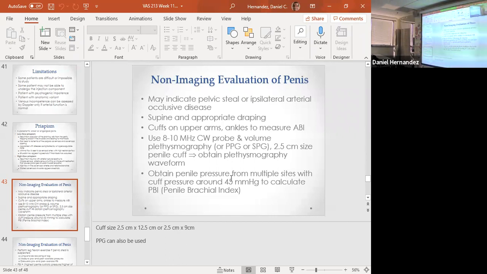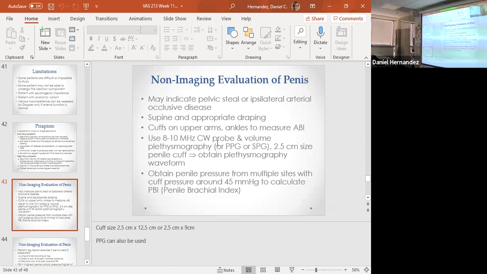There is non-imaging evaluation of the penis as well. This involves using our PVR SLP machine. So we do basically penile plethysmography. This may indicate pelvic steal or ipsilateral arterial occlusive disease. We have the patient supine with appropriate draping, cuffs on the upper arms and ankles to measure ankle brachial index.